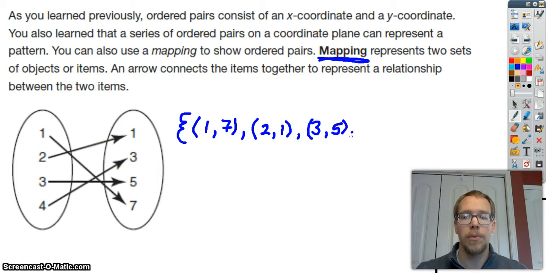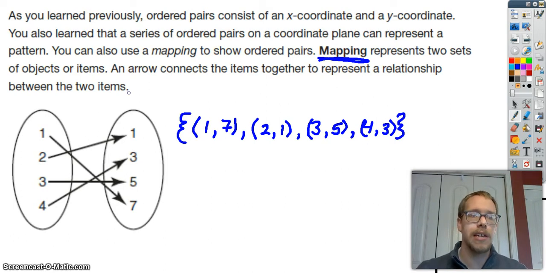And then we would have the ordered pair 4, 3. And don't forget your curly braces or brackets, denoting that this is a set. Notice this set has 4 ordered pairs shown by the mapping of the set of numbers 1, 2, 3, and 4, mapping onto the set of numbers 1, 3, 5, and 7.